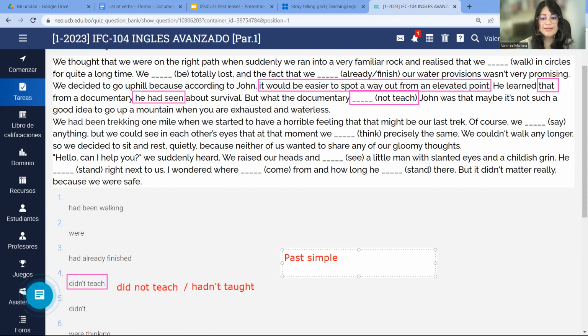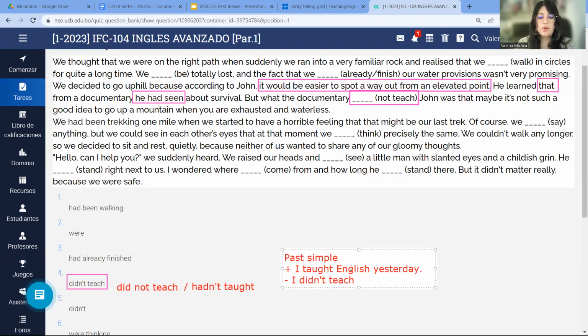Let me tell you the rule again, because otherwise it will be confusing. If I say "I taught English yesterday," then we have an affirmative sentence. But if I want to say the same thing in the negative form, I have to say it like this: "I didn't teach English yesterday."